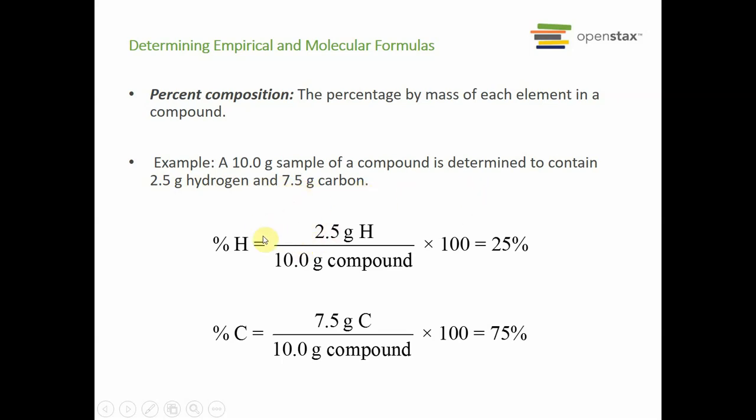So one would simply take the grams divided by the total mass of the sample and multiply that by 100%, and you would get its percent composition. So 2.5 grams over 10 grams times 100% is 25%. 7.5 grams divided by 10 grams times 100% is 75%.